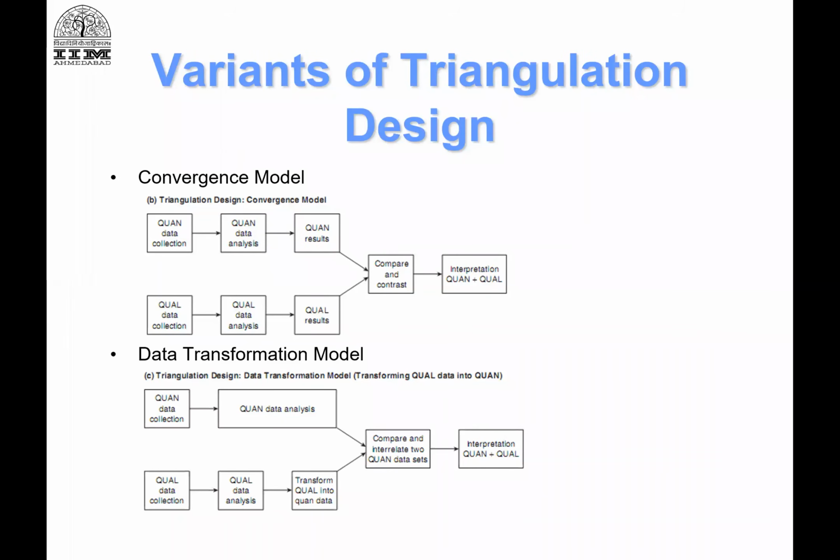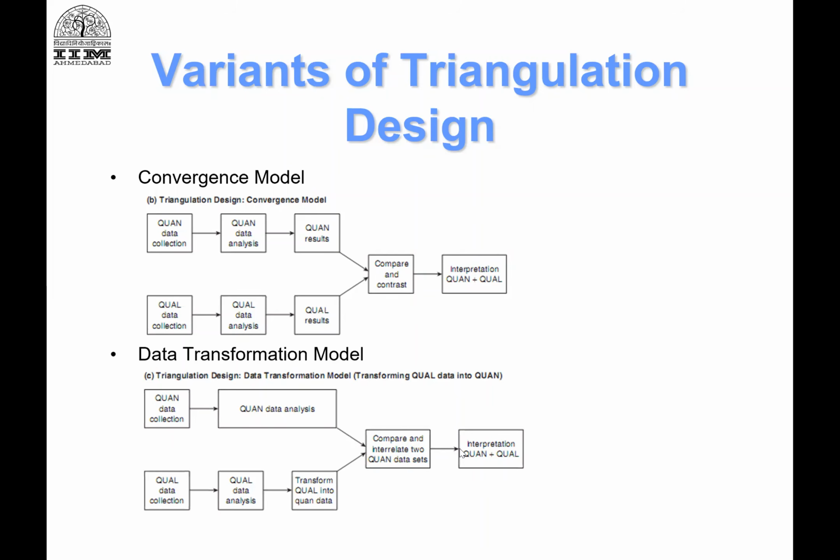So you can get maybe a frequency chart out of your interviews, or you can get some numbers based on your qualitative data, and then you can merge the pure quantitative data that you got from surveys or other ways with the quantitative data obtained by transforming qualitative data, and then you can use both of these to get to the final result.